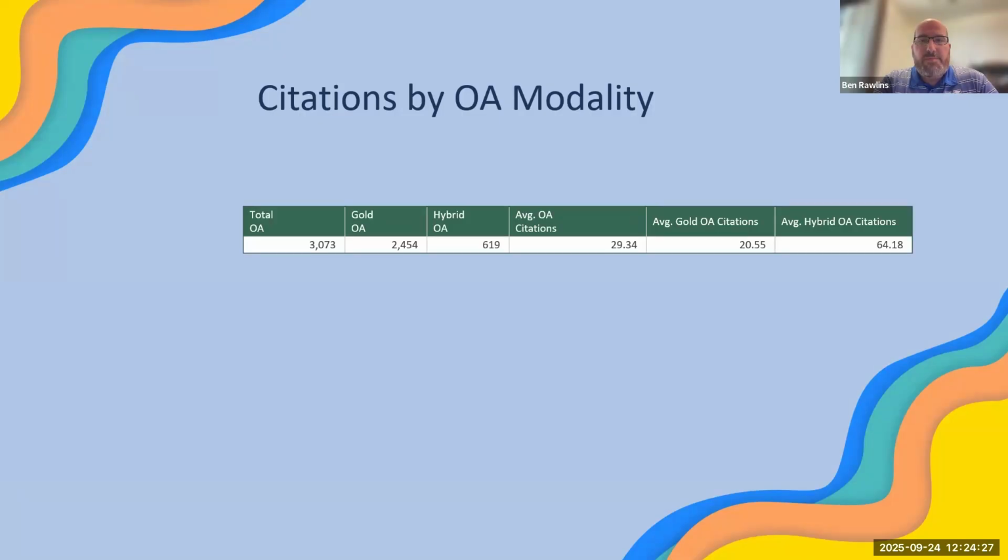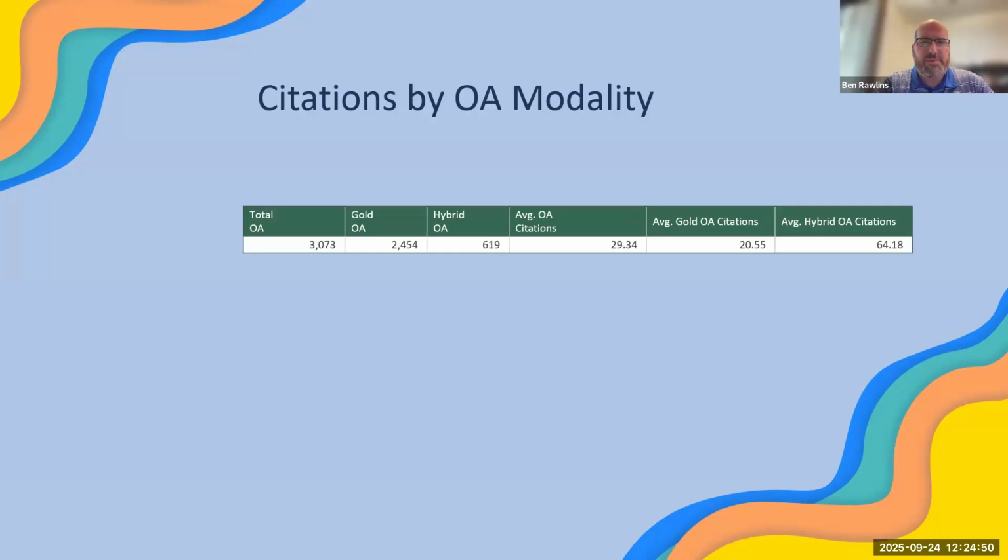So when we break that down by type of open access, or OA modality, it gets a little bit more nuanced. If we look at the breakdown of OA publishing at UK, we see that most of the open access articles published by UK affiliated authors, roughly 80%, were published in gold open access journals, those journals that require the payment of an APC.